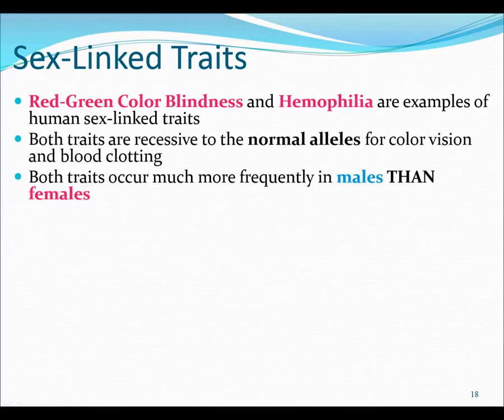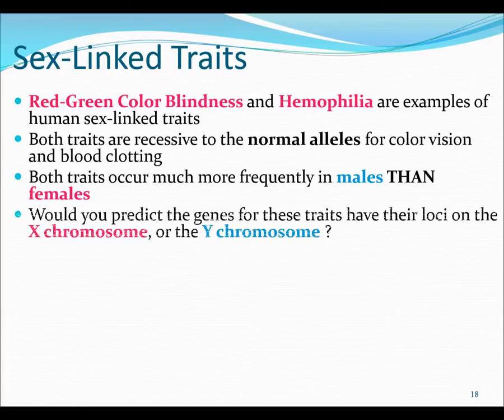So both traits are recessive to the normal alleles for color vision and blood clotting. Both traits occur, again, more frequently in one than they do the other. So where would you predict these genes for the traits to have their loci? Would they be on the X chromosome or the Y chromosome? So red-green color blindness and hemophilia.